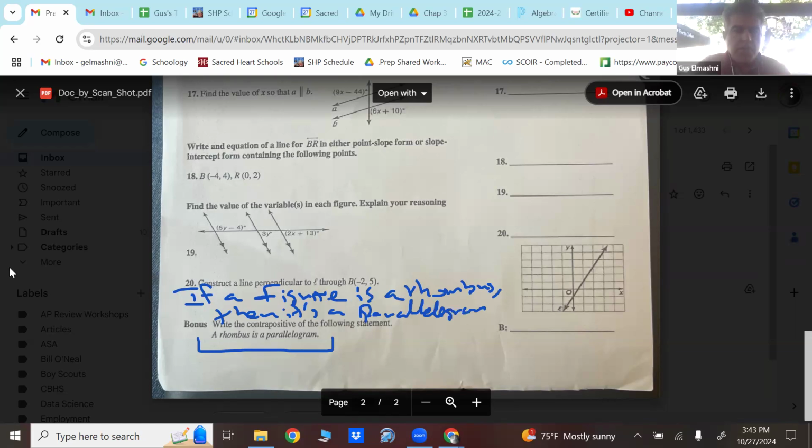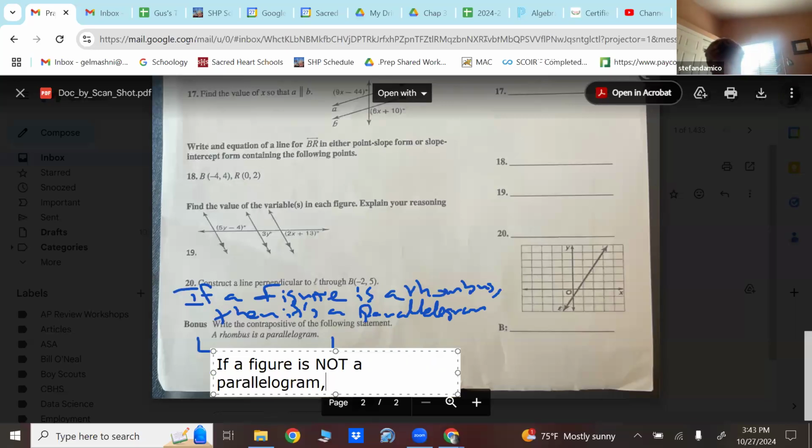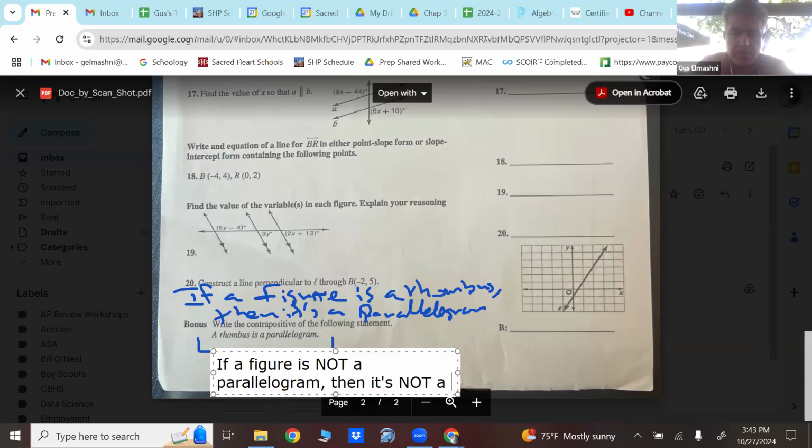So then you could reverse it and negate it: if a figure is not a parallelogram, then it's not a rhombus, and that's a true statement.